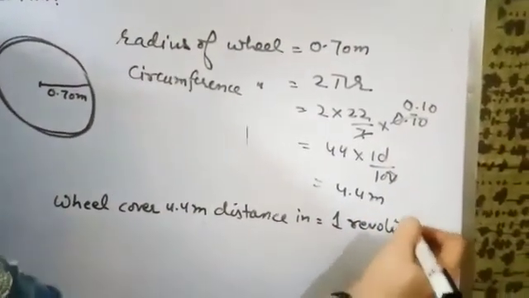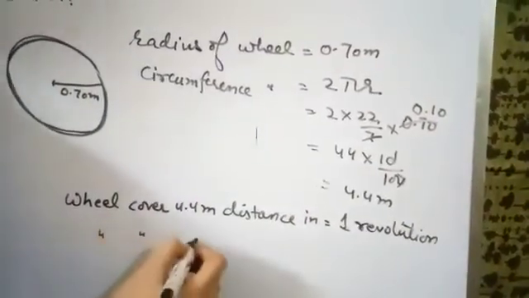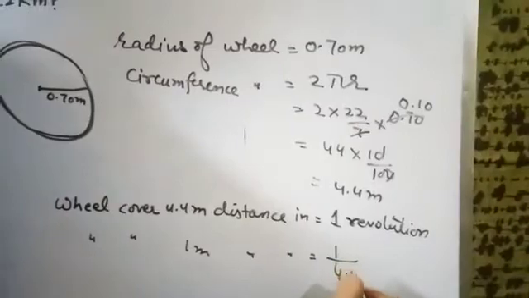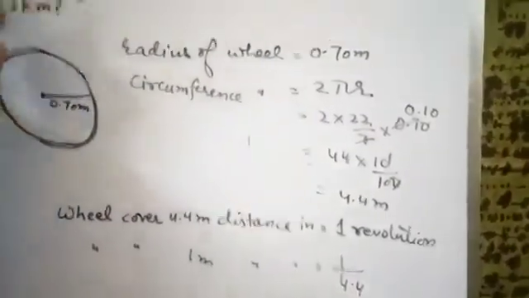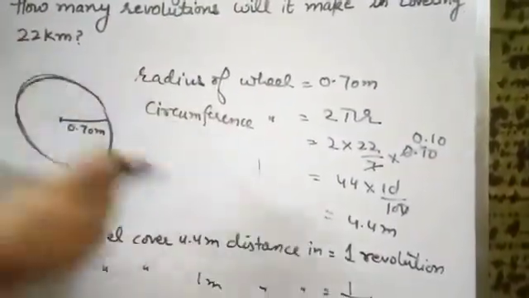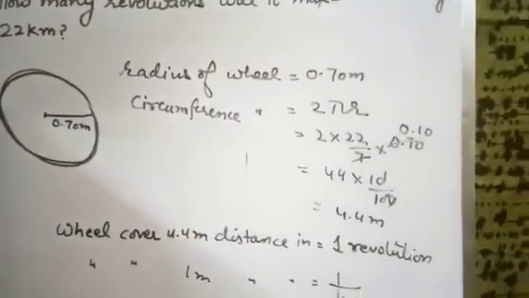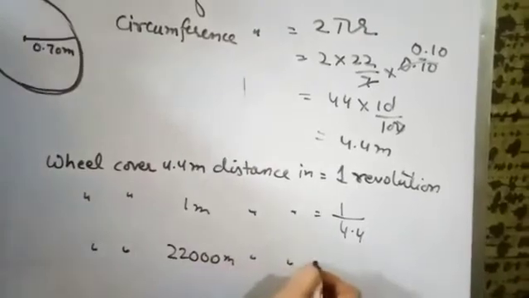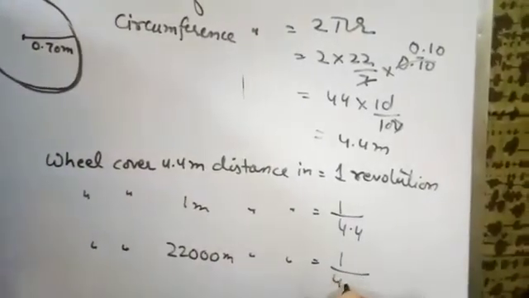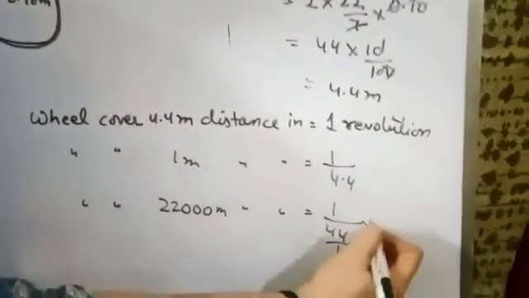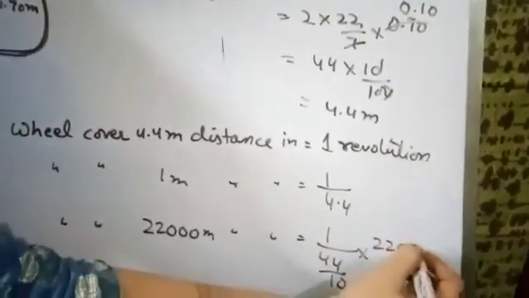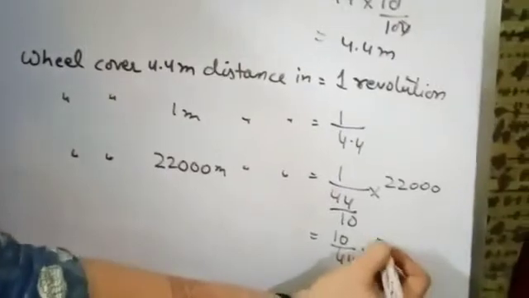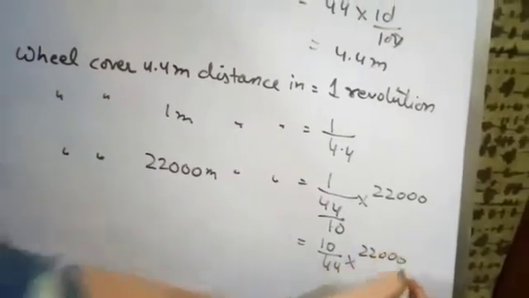Now we'll cover 1 meter distance in 1/4.4 revolution, and now we have to convert this 22 kilometer into meter, because we have taken meter here. So we'll cover 22,000 meter distance in how many revolutions? 4.4 is 44/10, so it is 10/44 into 22,000.